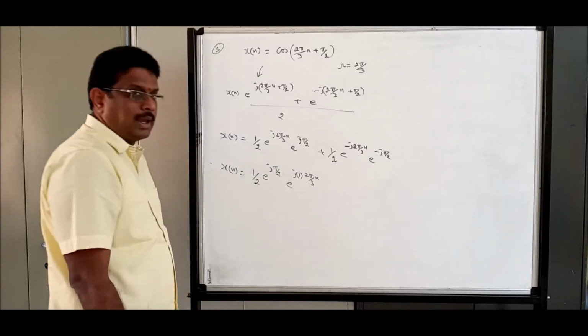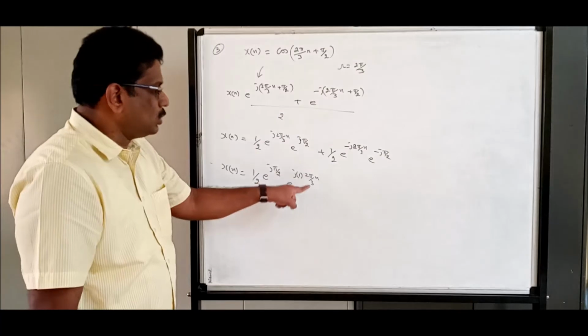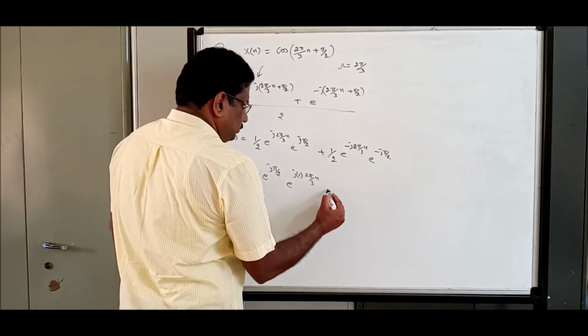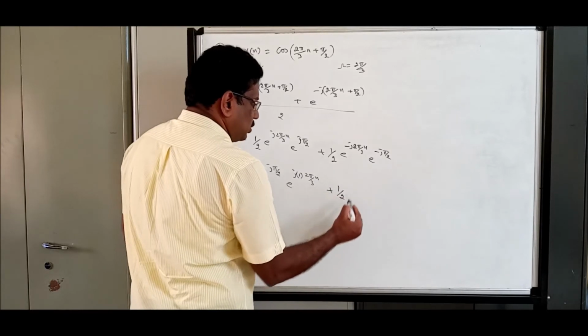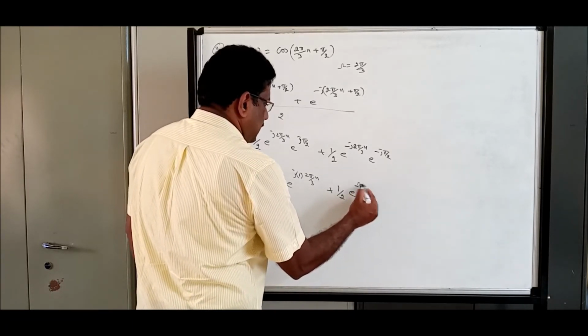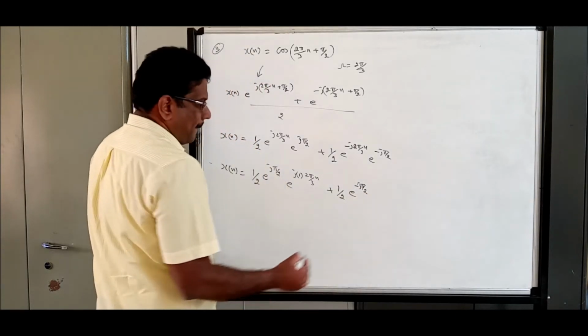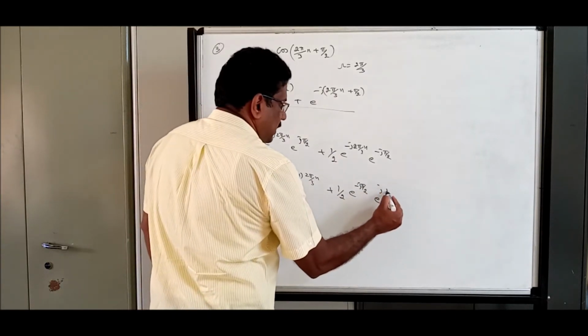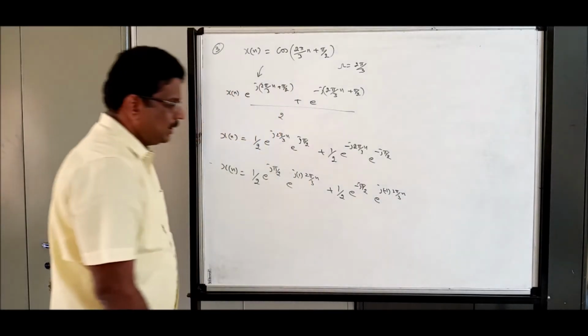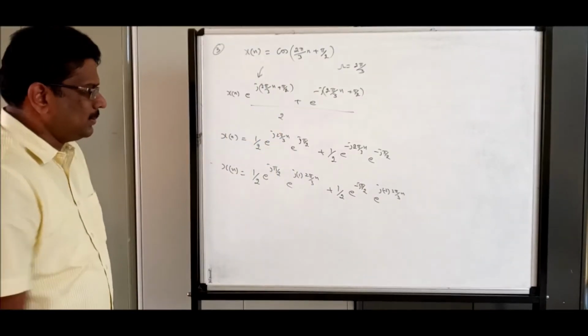I hope you know why this is, because your omega is 2 pi by 3. This is nothing but k equal to 1. Plus 1 by 2 e power minus j pi by 2 e power j minus 1 times 2 pi by 3 n. So I am just splitting the terms.